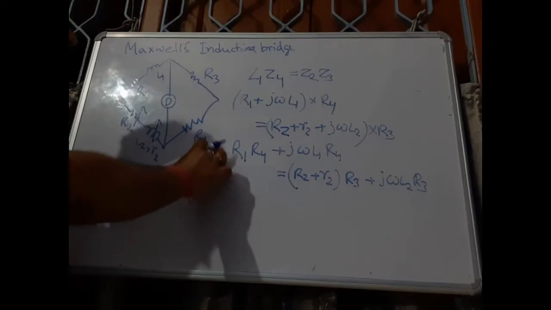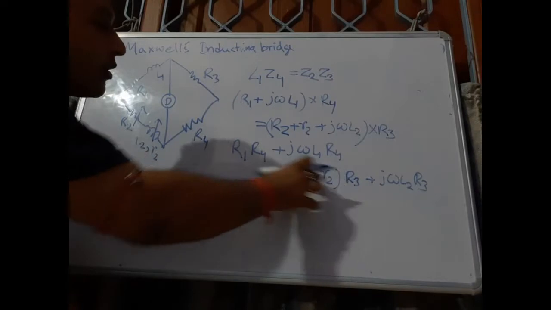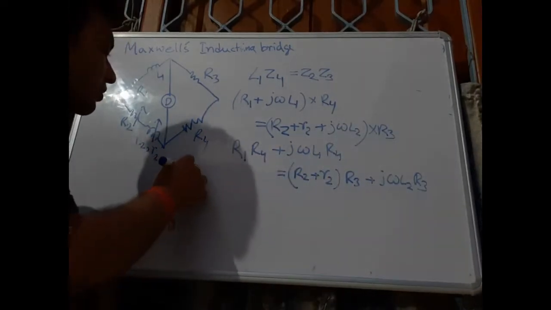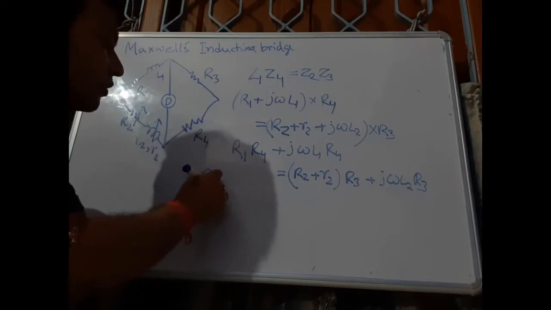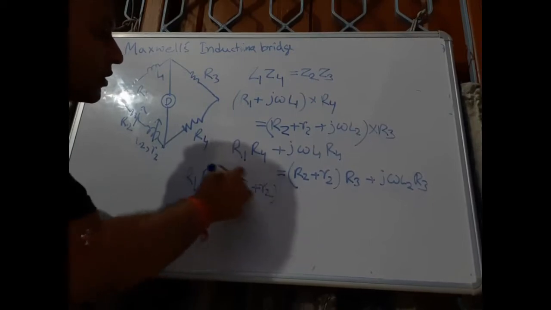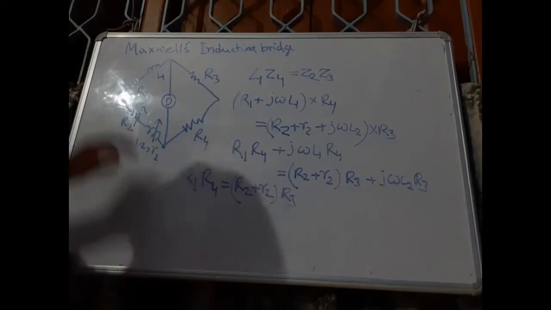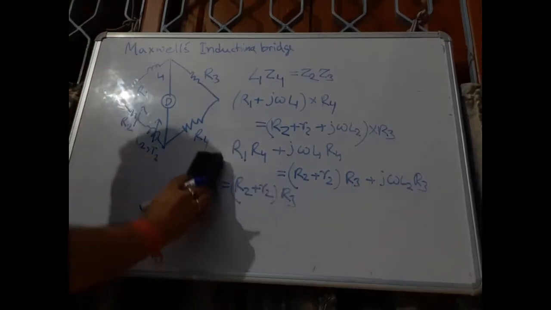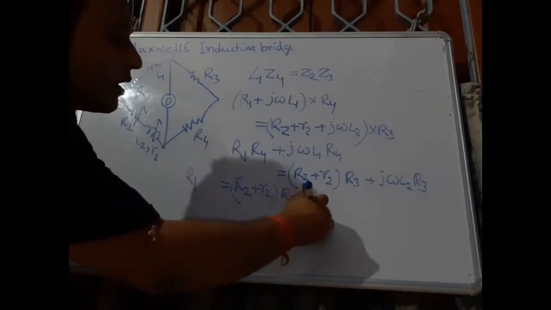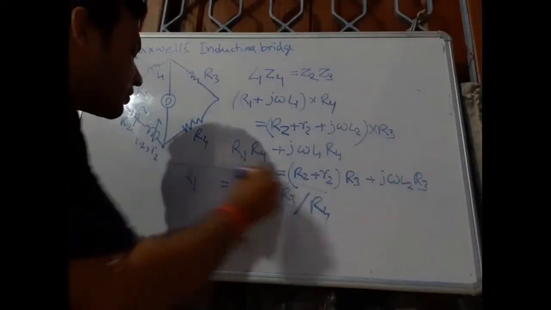Now in this equation the real part of the left side will be same as the real part of the right side. So R1 R4 equals (capital R2 plus small r2) into R3, and to calculate the unknown R1, this will be divided by R4. So this is one equation.